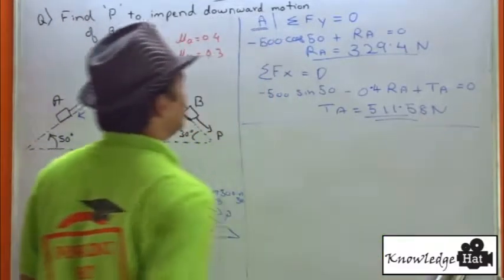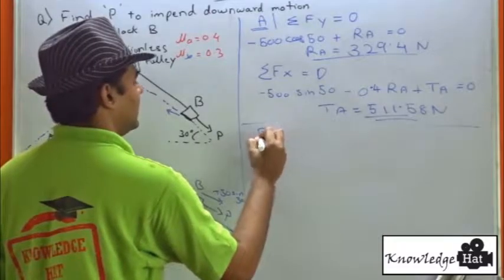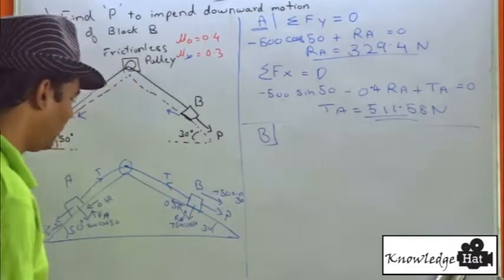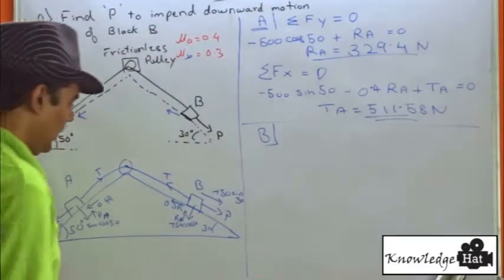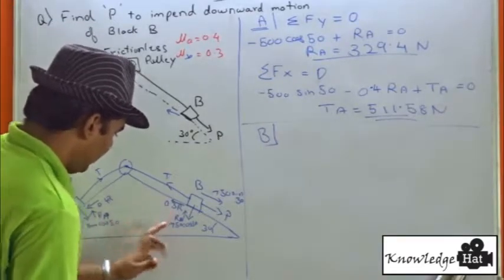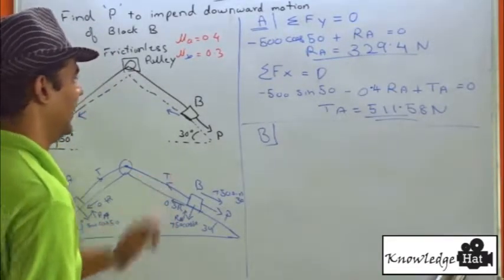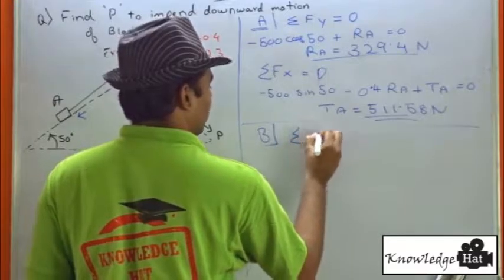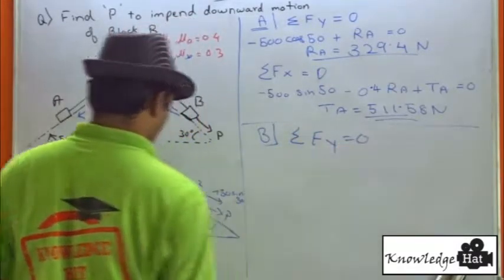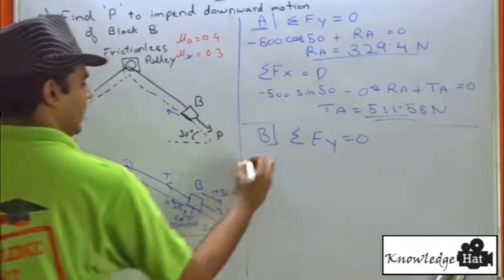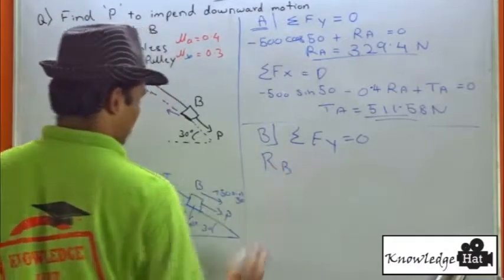Now block A is done. Now the next one is block B. At block B, we first find the reactional force RB. For that we need to take summation of Fy, for vertical forces. RB is acting in positive direction, so it is positive.